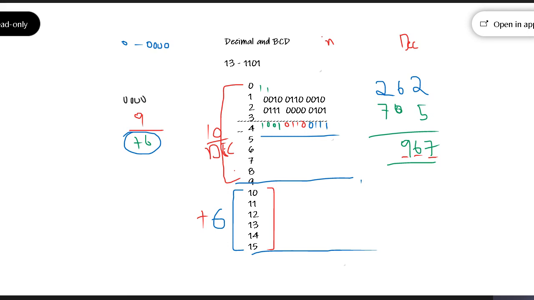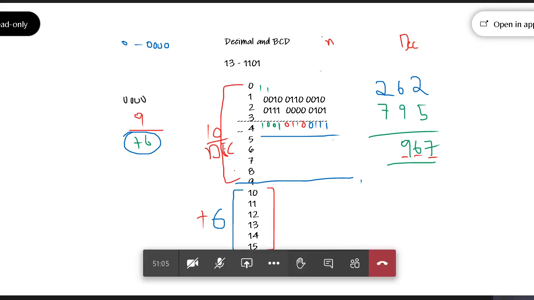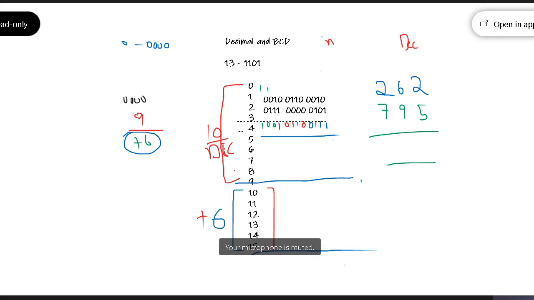Let's take something. Let's take here 9 because it should cross that value. Now we'll see. Let's take this value. Now here, 5 plus 2, 7.